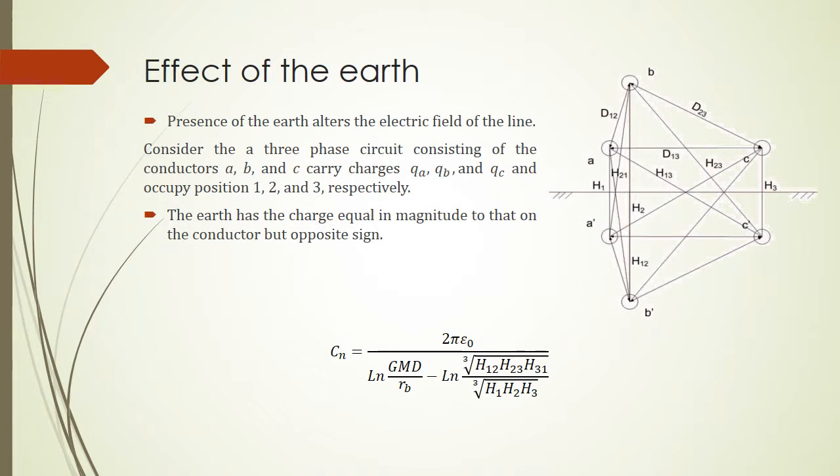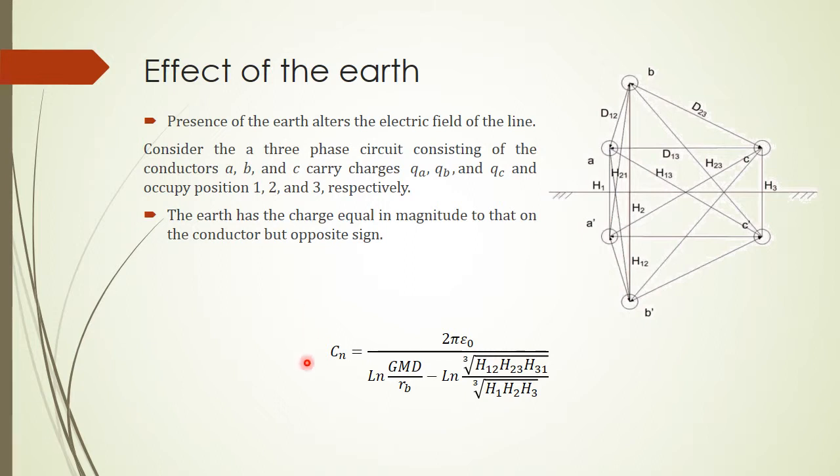The distance between phase B and phase C prime, and phase C and phase B prime, are all the same, and we call them H23. And finally, C to A prime or C prime to A, we call H13.